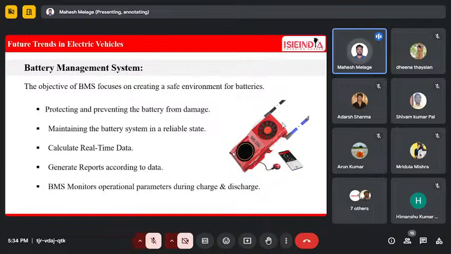So the driver can understand the battery charge, how much charge is stored in the battery, and how long a distance we can go.